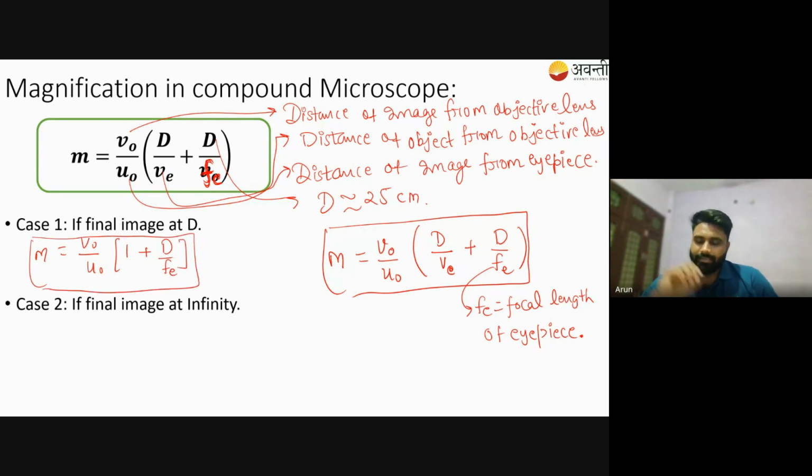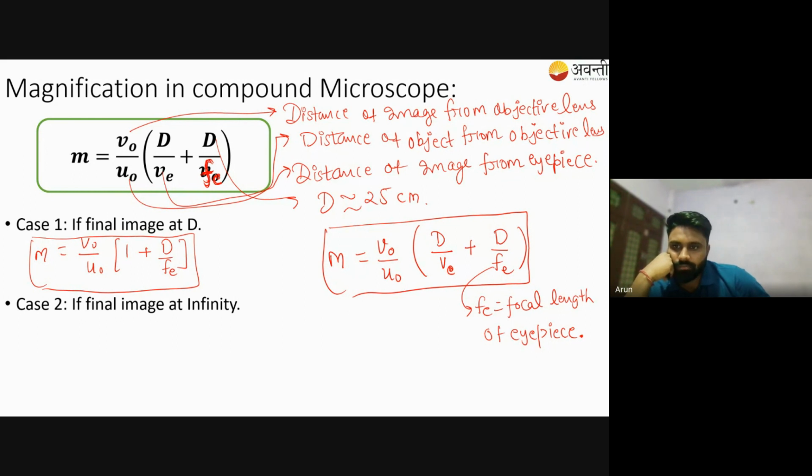Now, in the second case, if the final image is at infinity, how are we going to proceed? If the final image forms at infinity, then this VE becomes infinite, because V is the distance of the final image from the eyepiece, and we are viewing from the eyepiece.